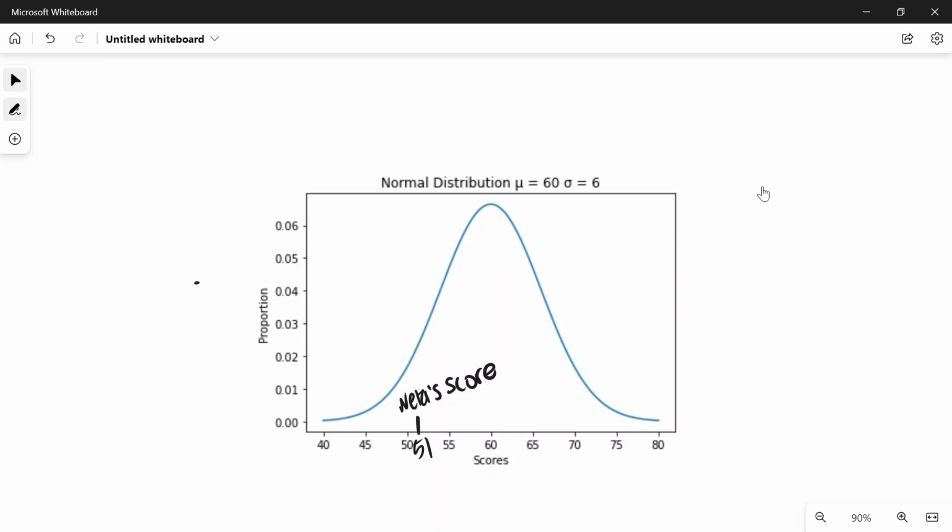What we're really trying to find is the area that is higher than Neta's score, which is literally all of this. This is the proportion of scores that are higher, or above Neta's score. To calculate this proportion, I would have had to do it in Python.